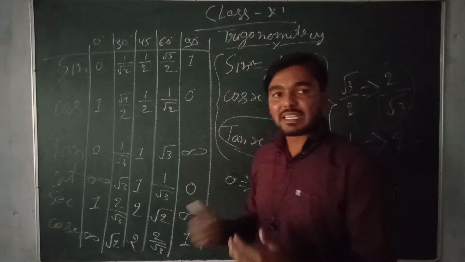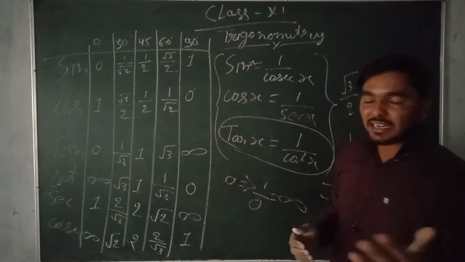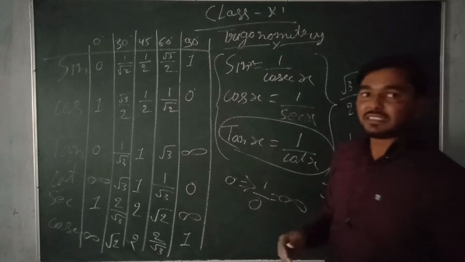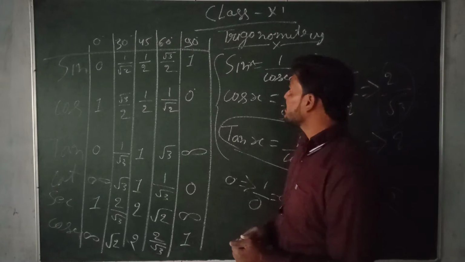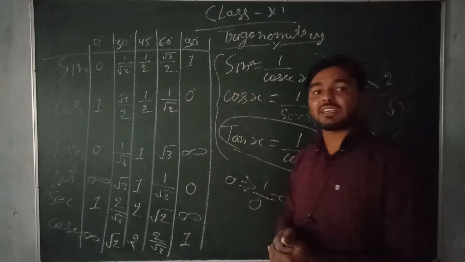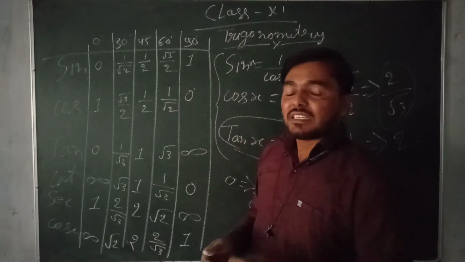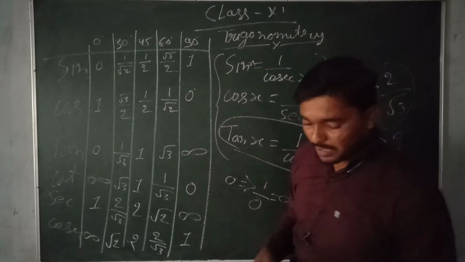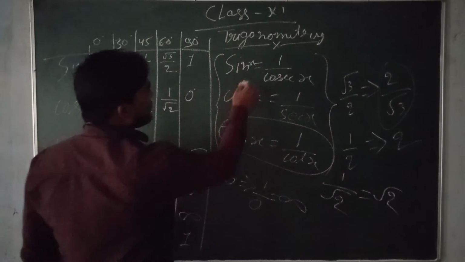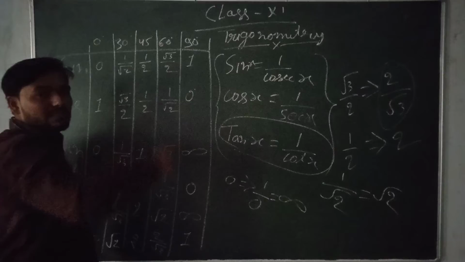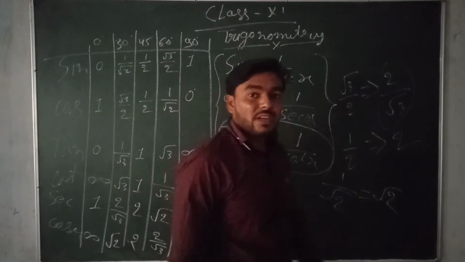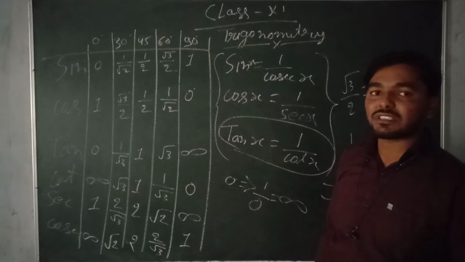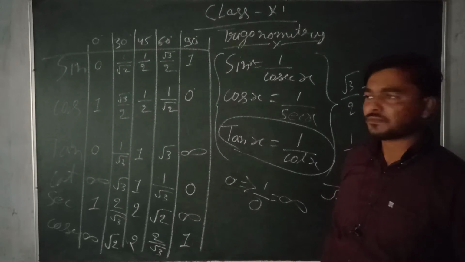For cot, sec, and cosec, we saw that there are relations in trigonometric functions: sine is the reciprocal of cosec, cos is the reciprocal of sec, and tan is the reciprocal of cot. You have to learn these three relations. Now we are going to plot these sine, cos, tan, cot, sec, cosec.